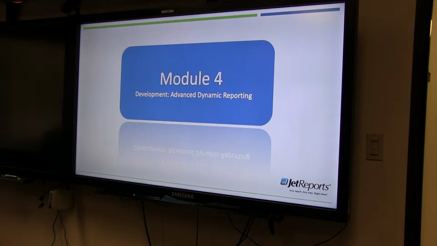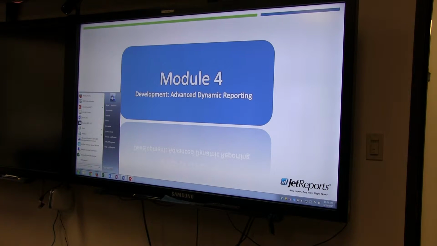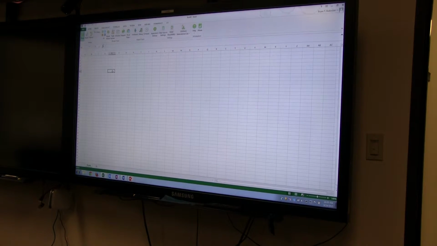So the first thing it says we want to do is draw up our mock-up. I'm going to build it in Excel, just because you can see that easily. What fields are our display fields that we want to see on our report?